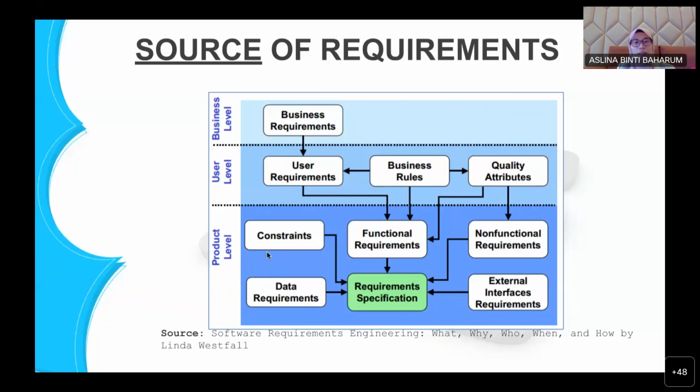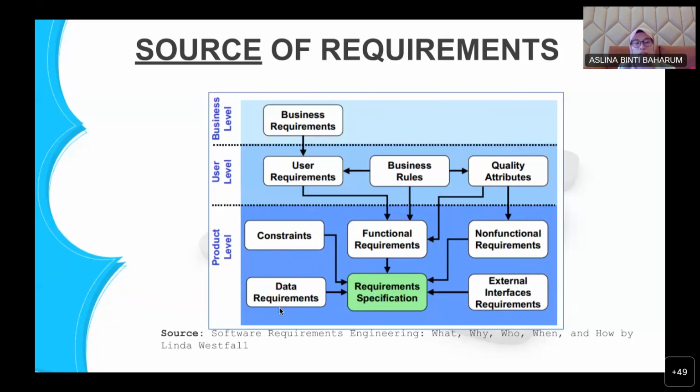The next level is the product. On the product we have the requirement specification on functional, how the system behaves, the features and functions. Non-functional, constraints in terms of security issues, whether it is reliable, in terms of response time, other things rather than features and functions. And other constraints, which may include government policies, external.